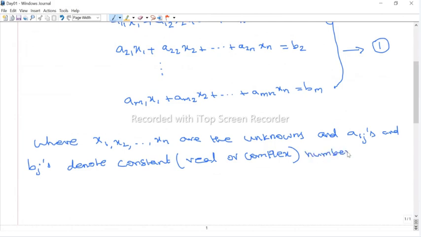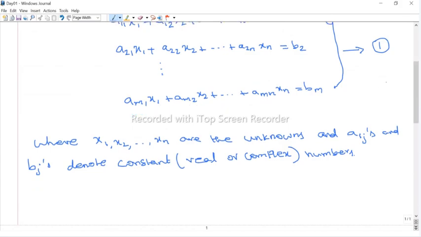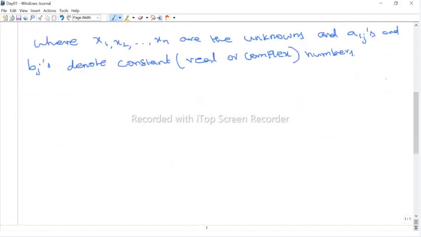Now, what do we mean by a solution of equation number 1? It means an n-tuple s1, s2, etc., sn that satisfies all the equations simultaneously. Such an n-tuple is called a solution.